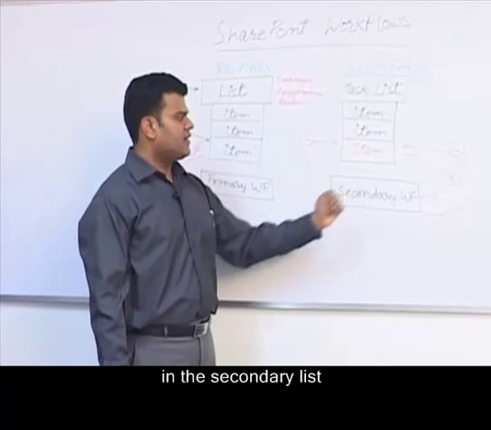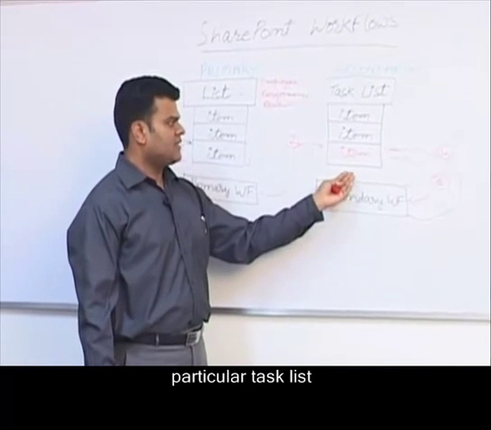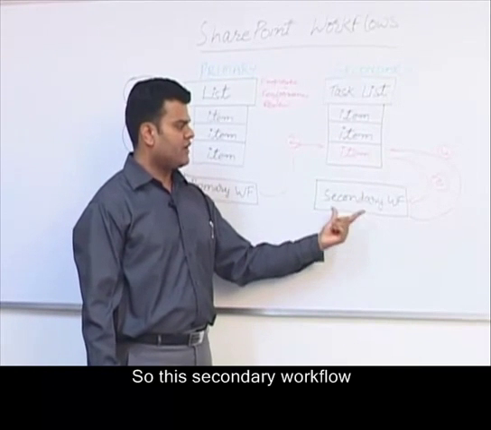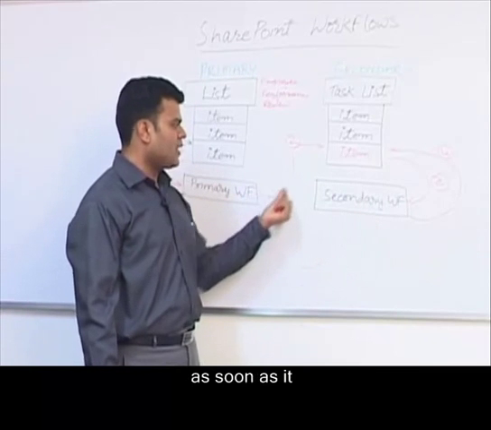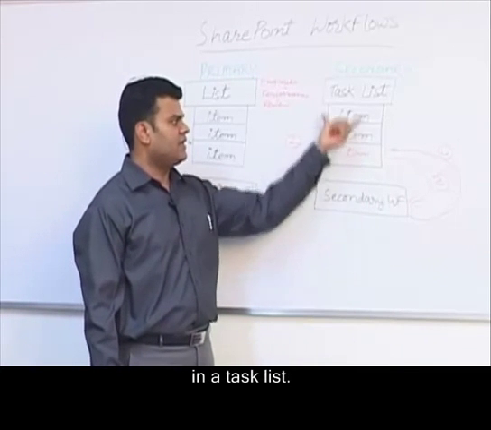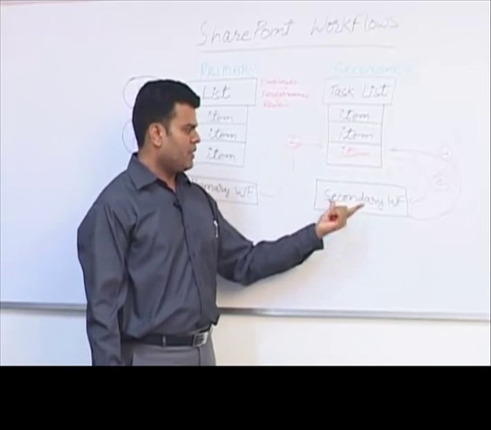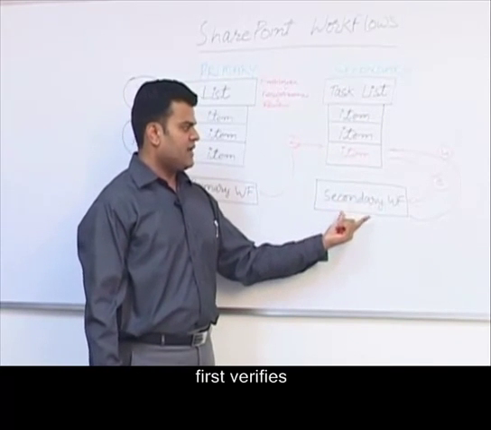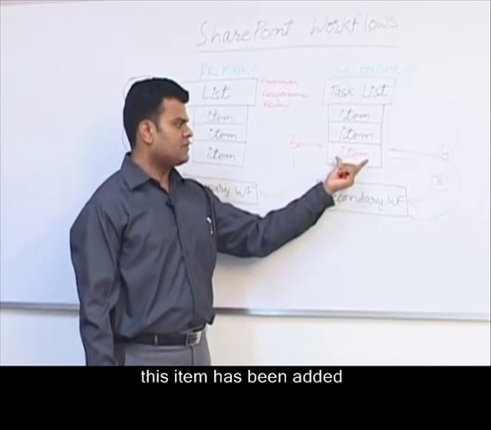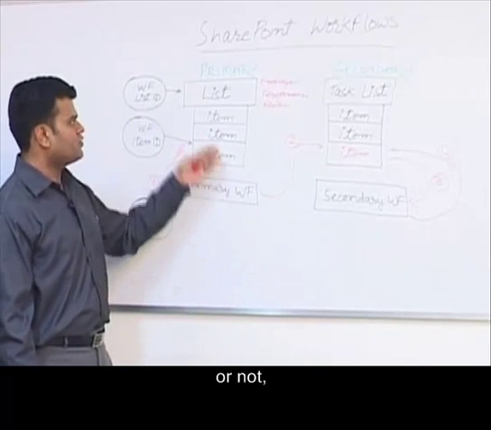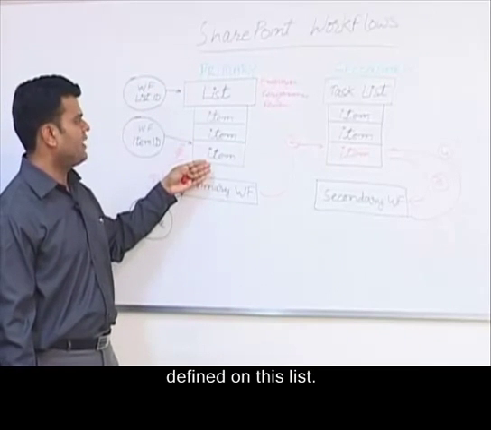And here in the secondary list, in this particular task list, we have a secondary workflow defined. This secondary workflow gets fired as soon as an item is added to the task list. It first verifies whether this item has been added by the appropriate workflow or not, because you may have multiple workflows defined on this list.